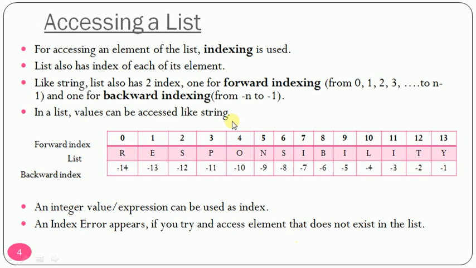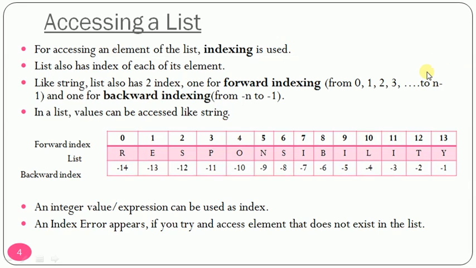Now let's see how we can access an element from a list. For accessing, we need an index. Indexing is used for accessing elements. So how can we say the index? Here for a list we have forward index and also backward index, just like a string. The forward index starts from 0 and then 1, 2, 3, etc. And the last index will be n minus 1 if n is the size of the list.